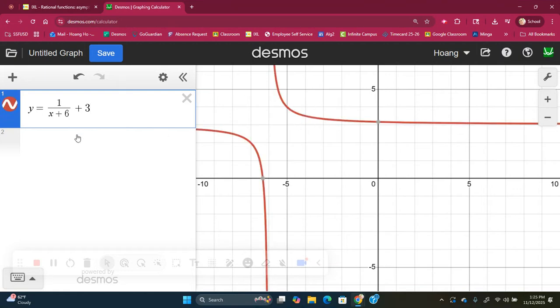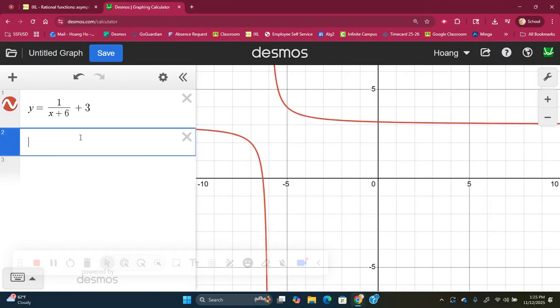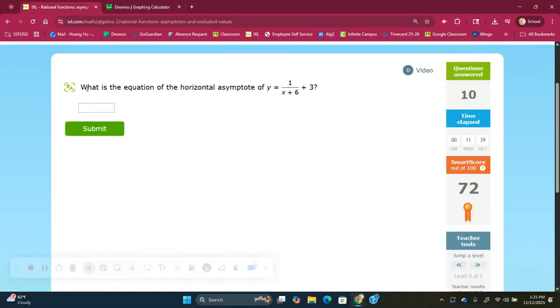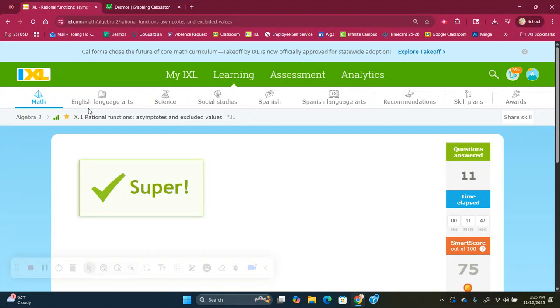All right, so you can see we do have the horizontal asymptote y equals 3 right there. I can go back over here. It confirms what I said earlier. So y equals 3 is a horizontal asymptote.